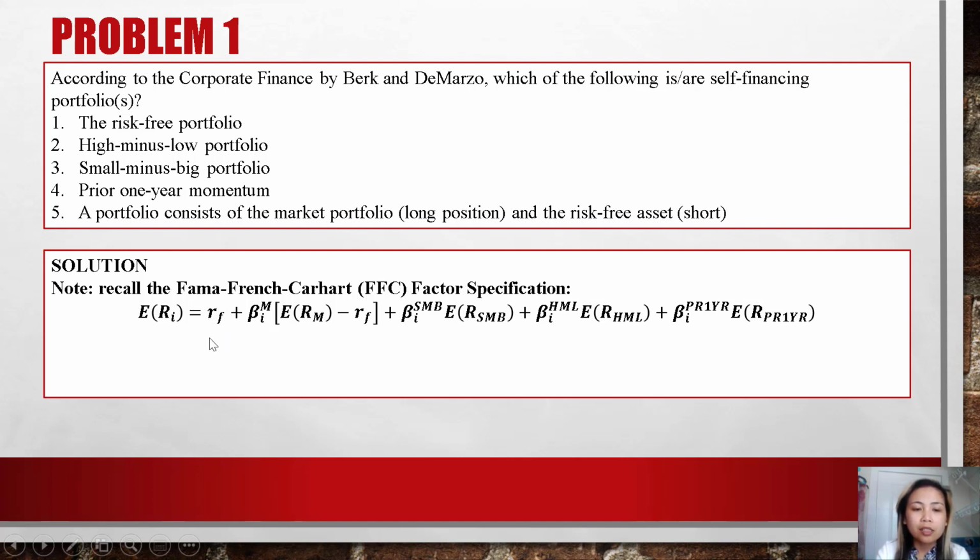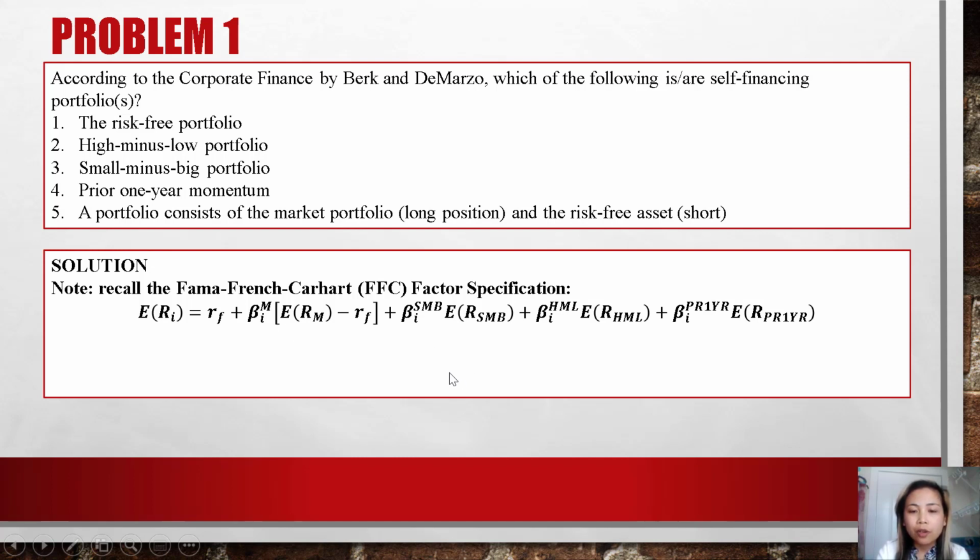It doesn't have any sensitivity with respect to any other factor. And we got these four factors: M, SMB, HML, and PR1YR. These are the four factors in the model.